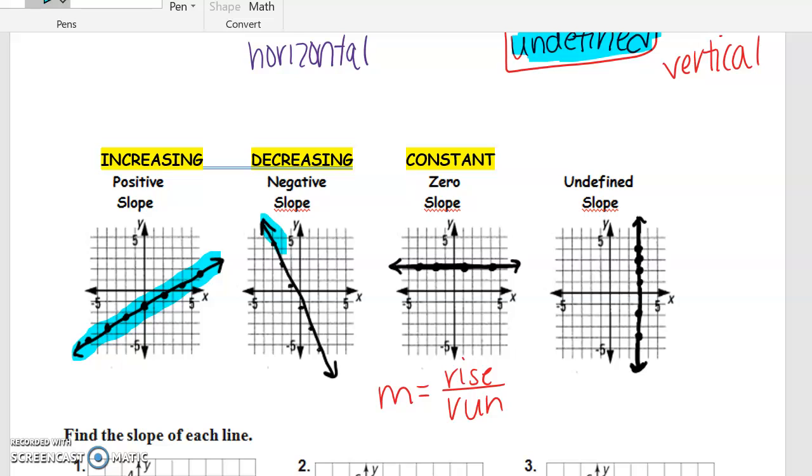If it's decreasing from left to right, it's a negative slope. Like we talked about in the last two problems, a horizontal line has a slope of 0, and an undefined slope is a vertical line.